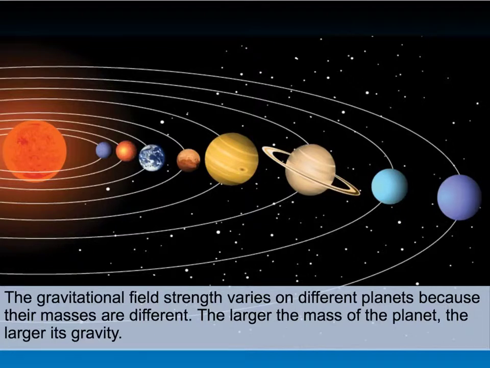However, your weight will change. If you think about the equation we've just seen, weight equals mass times the gravitational field strength, then if the mass stays the same and gravity goes up, then therefore your weight will go up as well.